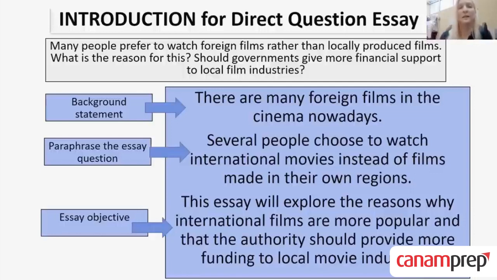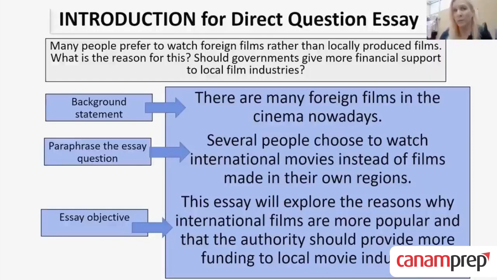And then I've written a paraphrase of the statement in the essay: several people choose to watch international movies instead of films made in their own regions. So you can see that instead of many, I've put several people, and instead of prefer, I put choose.